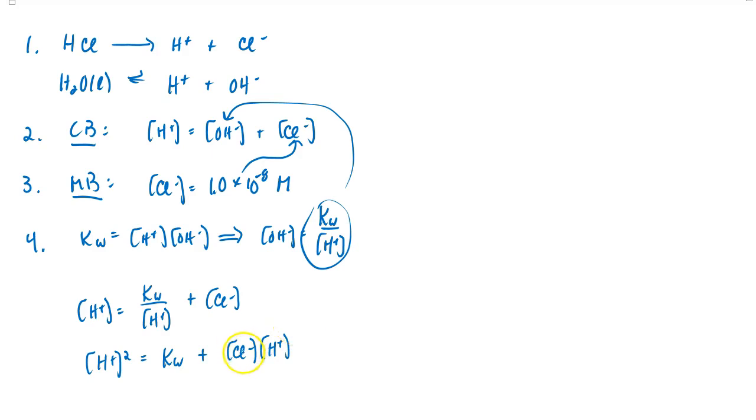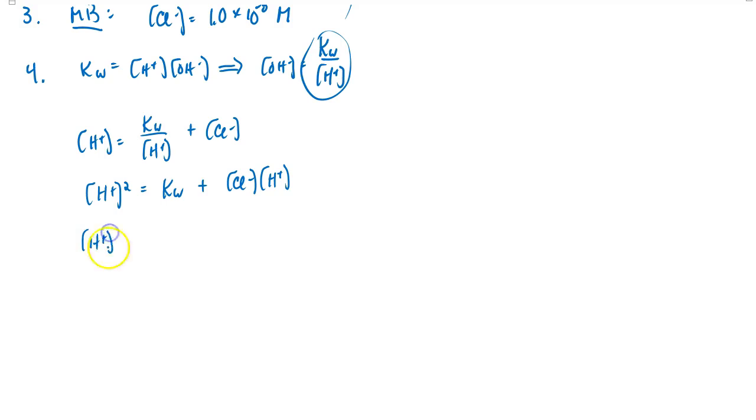And then I'm going to get everything on one side of the equation. That's H+ squared minus the concentration of chloride, which was 1.0 times 10 to the negative 8th molar, times H+, minus Kw, which is 1.0 times 10 to the negative 14th, equals 0.